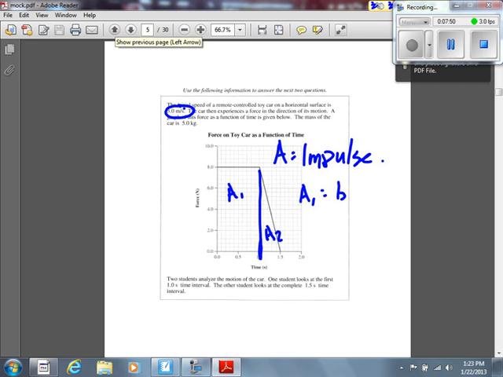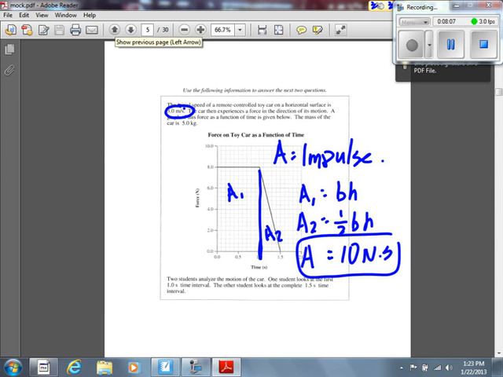Area 1 is base times height. Area 2 is 1/2 base times height because it's a triangle. So for the first one, we get 8. For the second one, we get 2. We add those up, and we end up getting a total area of 10 newton seconds, or a total impulse of 10 newton seconds. Who's 3 for 3 so far? Good. 100%. Let's stop right there for a couple of you.